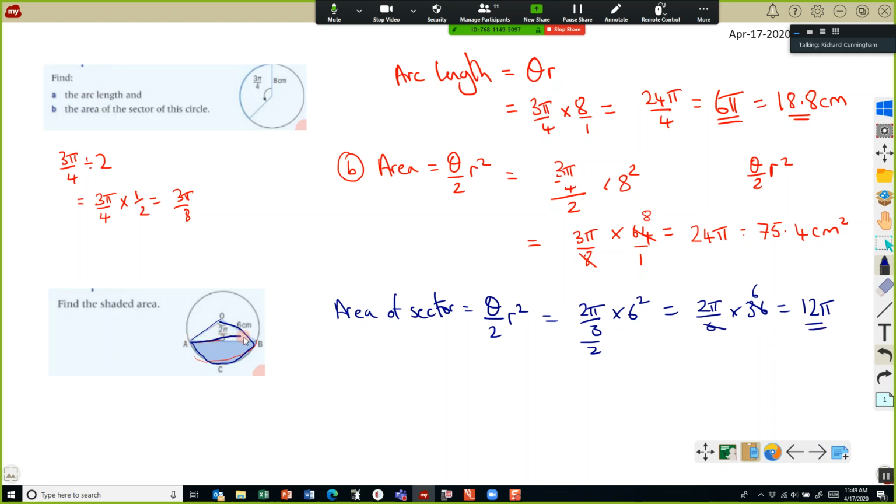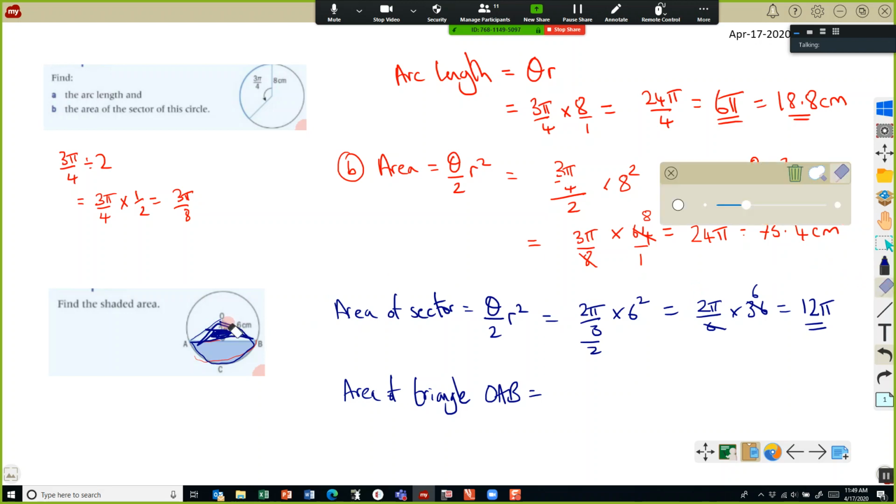The area of the triangle, how do I work out the area of this triangle? Can you be more specific?